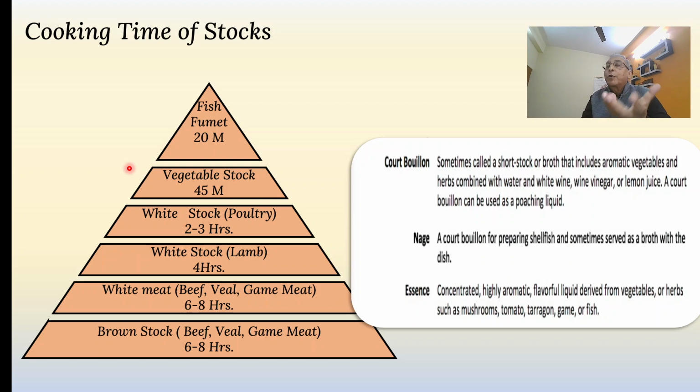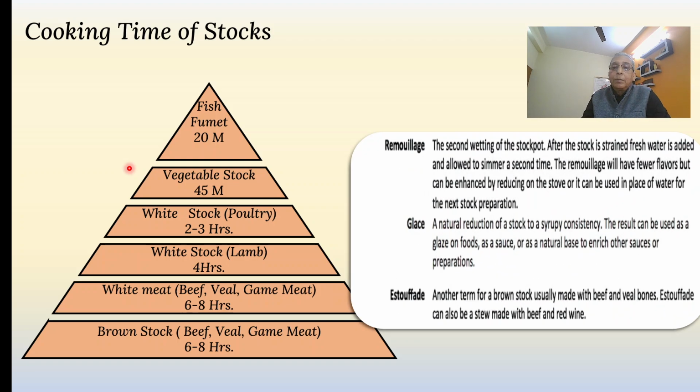Essence, once the stock is reduced further, it becomes essence. Remouillage also we have discussed, the rewetting of the bones. Glaze or glace, a natural reduction of stock to a syrupy consistency. When it becomes so syrupy by nature, after reduction, it is known as glace or glaze. And estouffade is a brown beef stock.